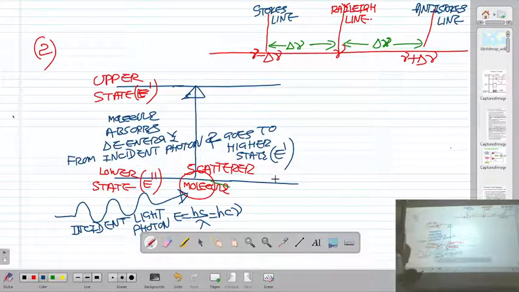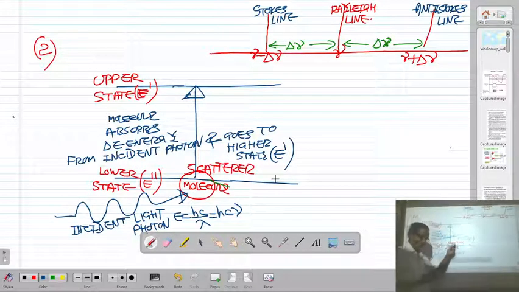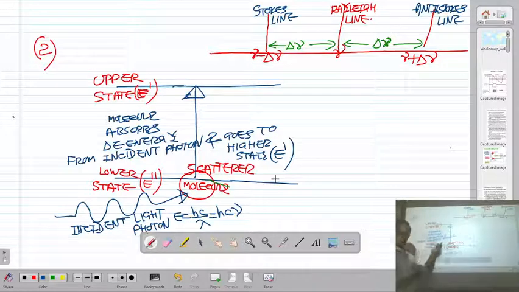Okay. So initially your molecule is in the lower state E double dash.